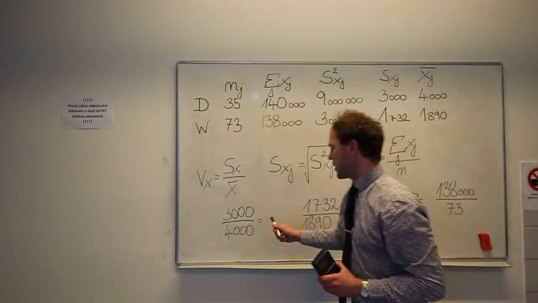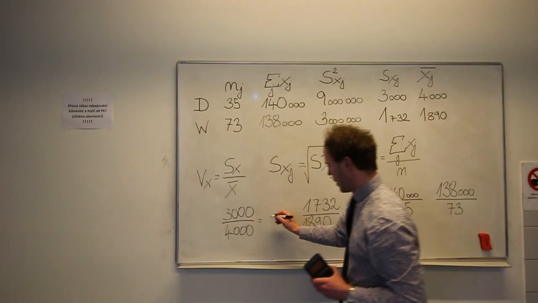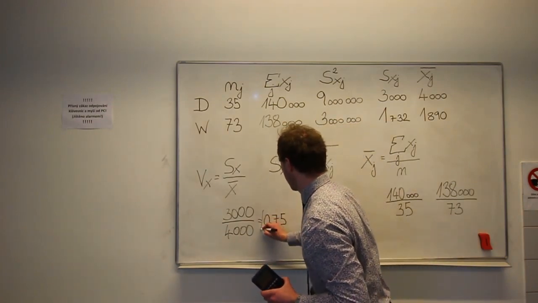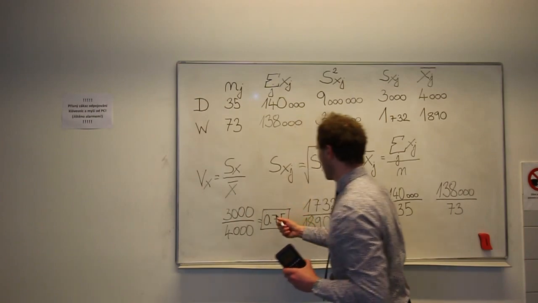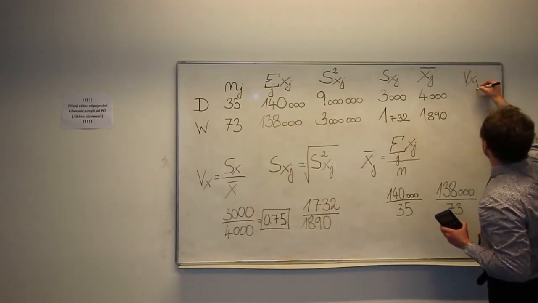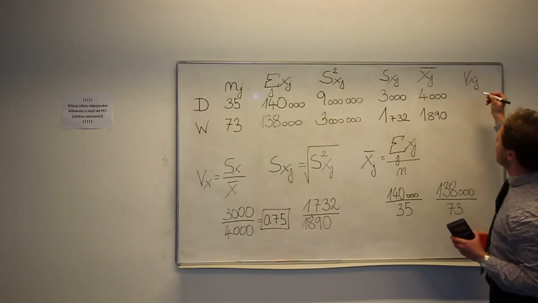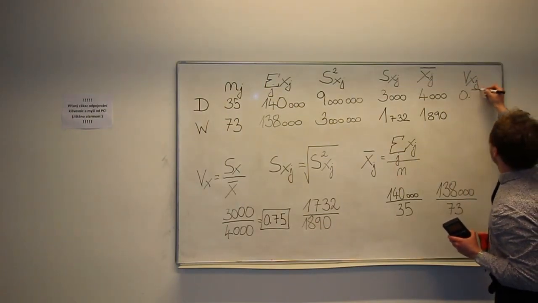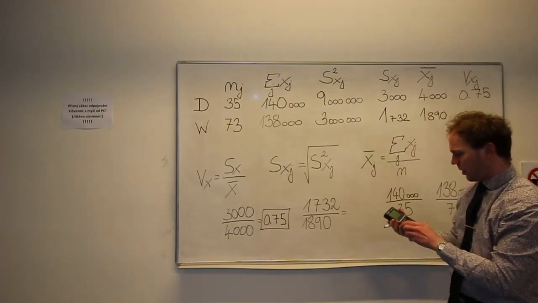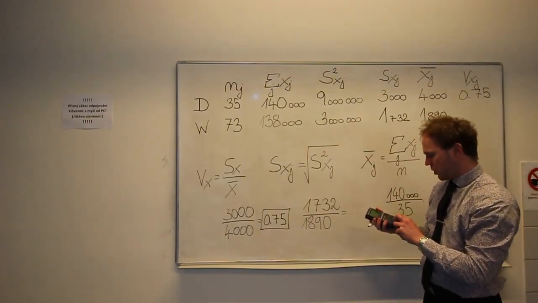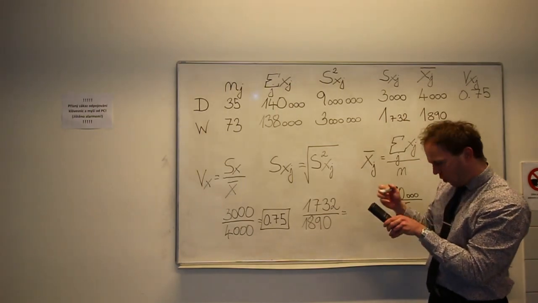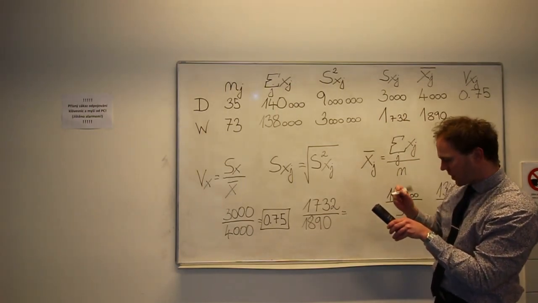So this is very easy, 3/4 should be 0.75. So this is the first variation coefficient, Vxj, the variation coefficient 0.75. And the second one, 1,732 divided by 1,890, is 0.916.